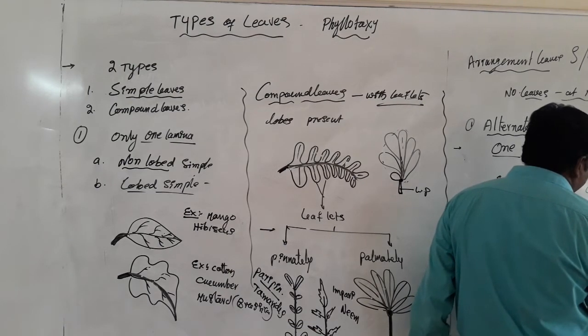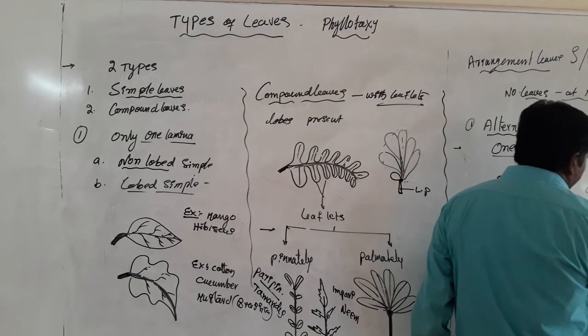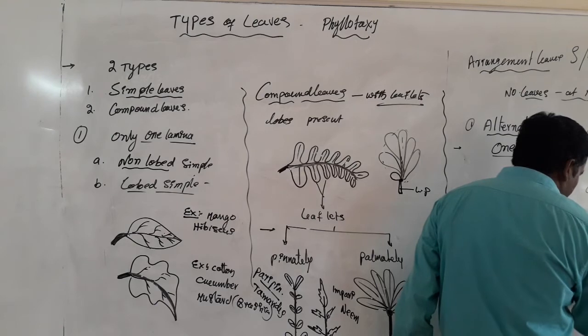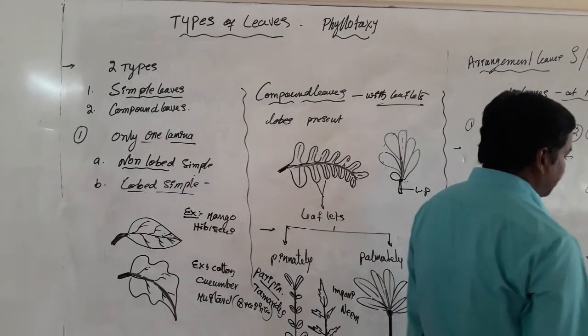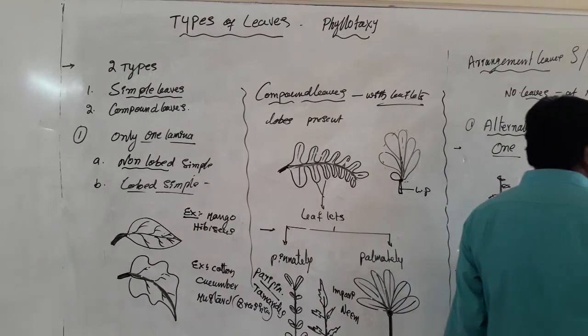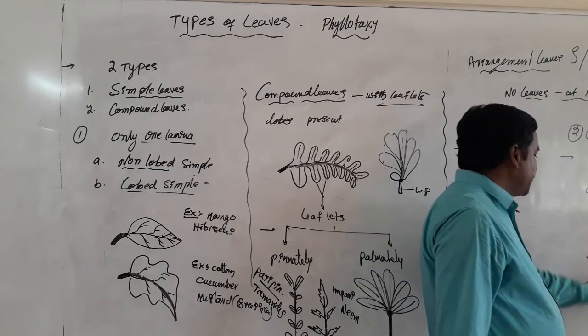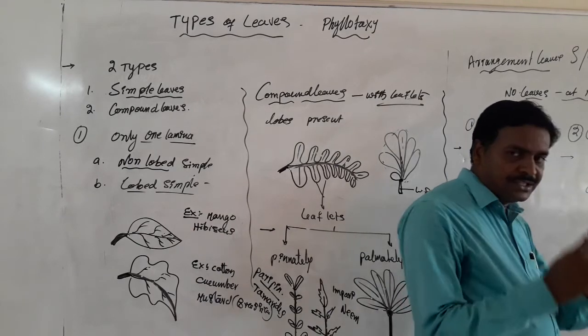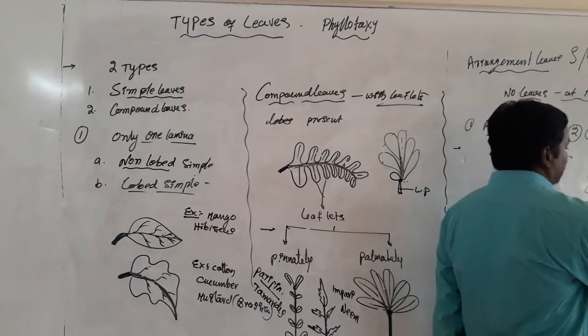Such arrangement is called opposite phyllotaxy. Some of the best examples: guava and Calotropis. Very important. There are two leaves in each and every node, and both leaves lie opposite to each other.